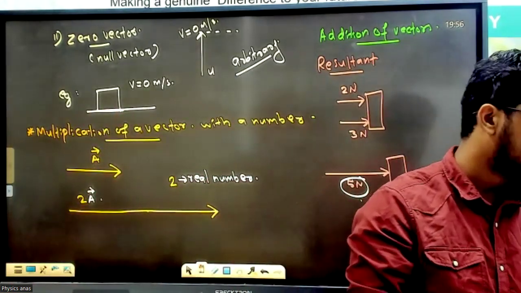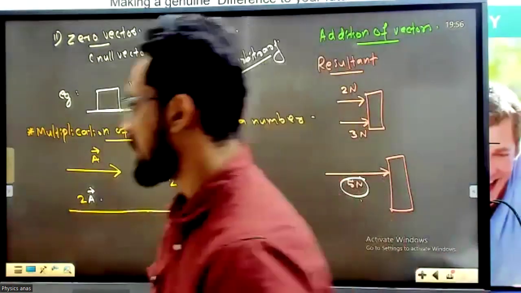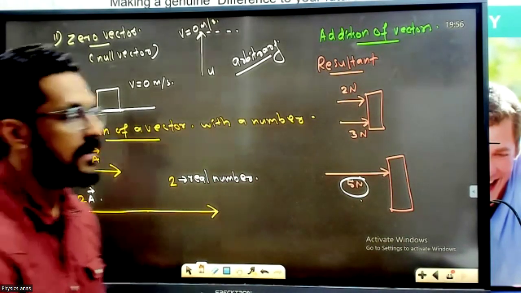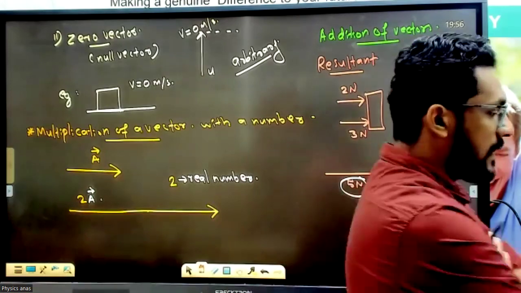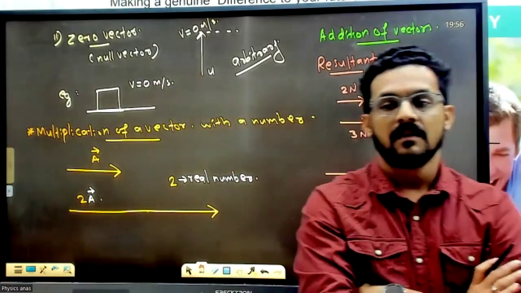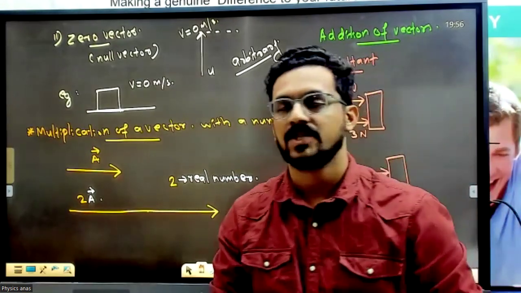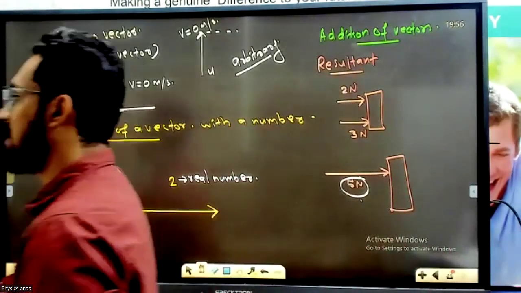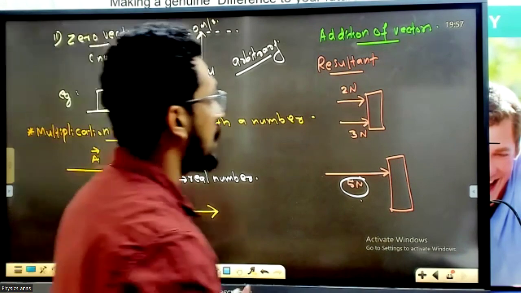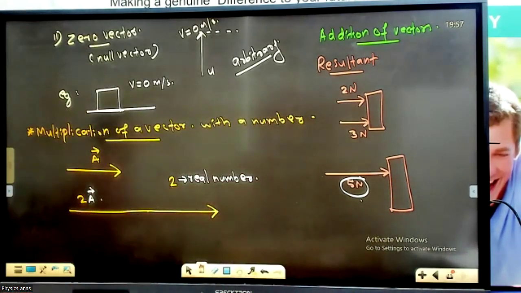Okay, you can write it. Resultant: a single vector which can produce the combined effect of the given vectors.